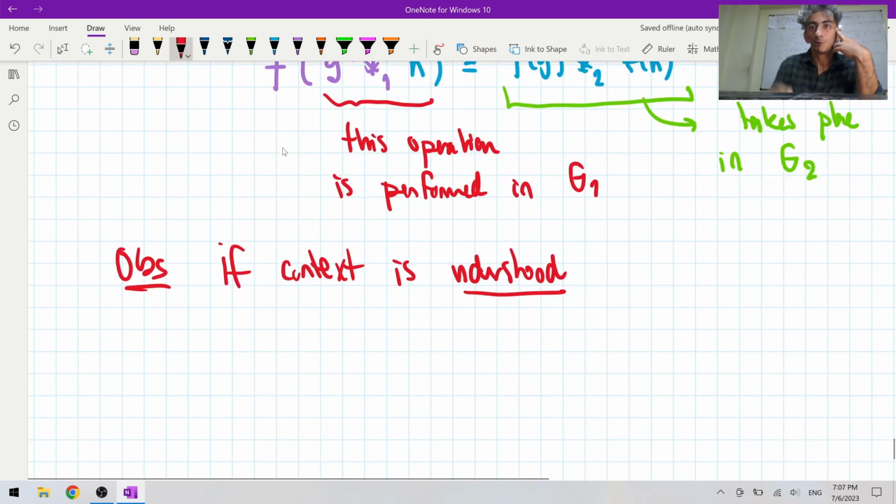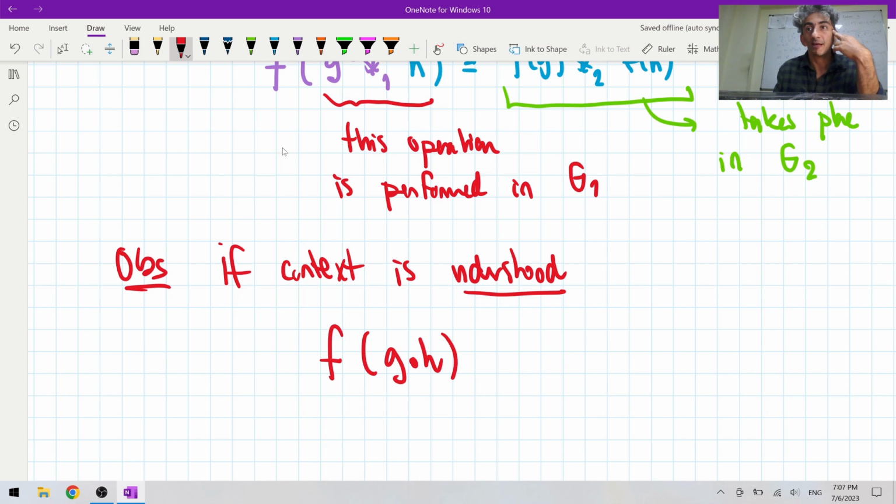So we say that f applied to g times h is actually f of g times f of h.